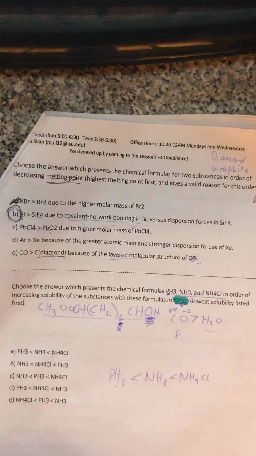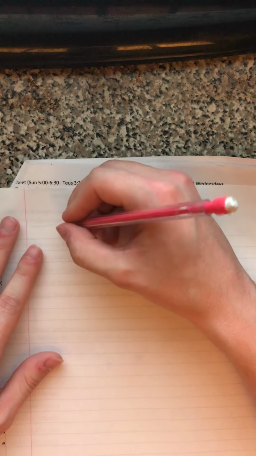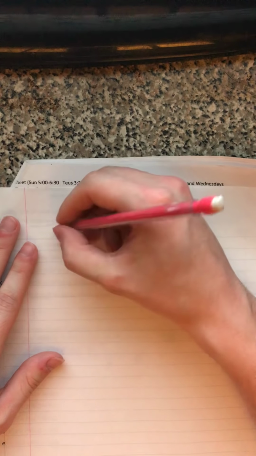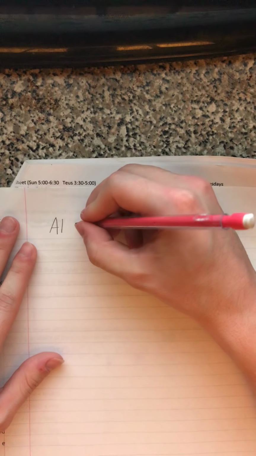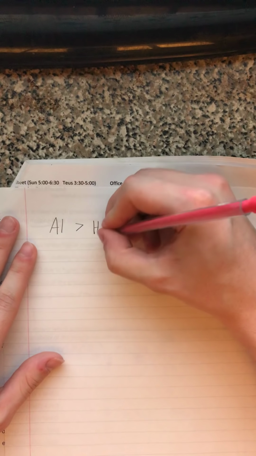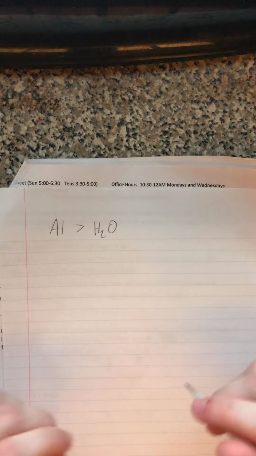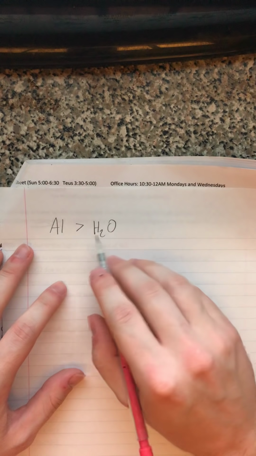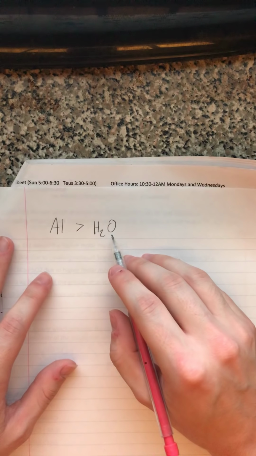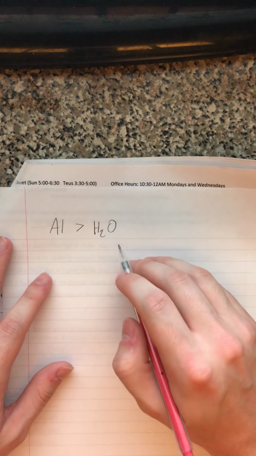Okay, before I move on from that one, I want to give you these 2 examples because this is pretty important for you. If they show you something like this, which I've seen a number of times, aluminum versus H2O, and you compare these 2 things, their weights are pretty similar.